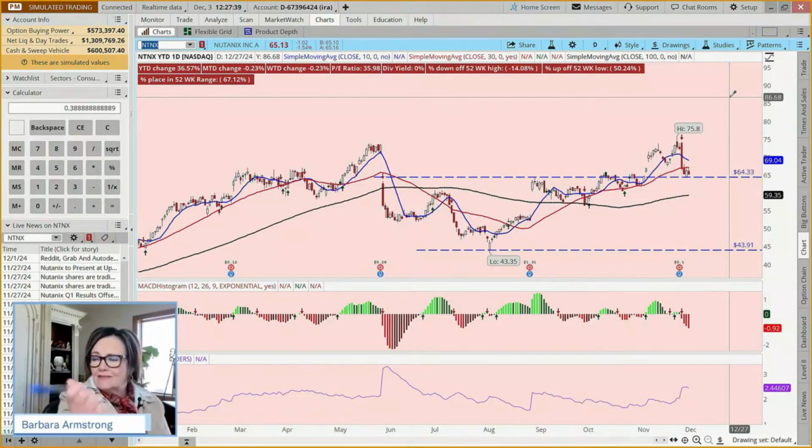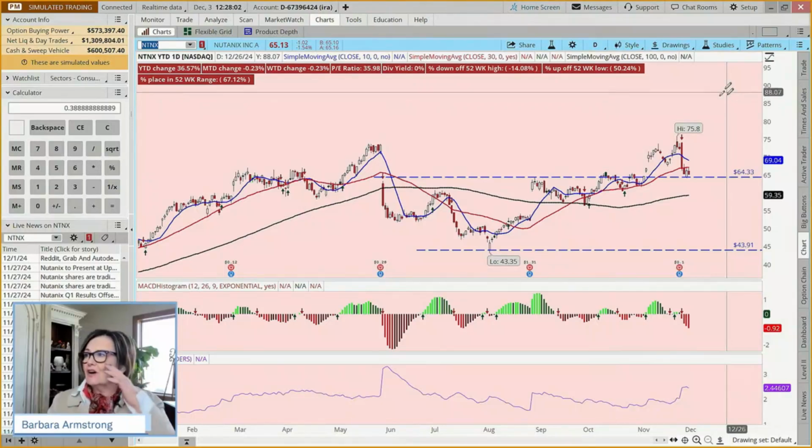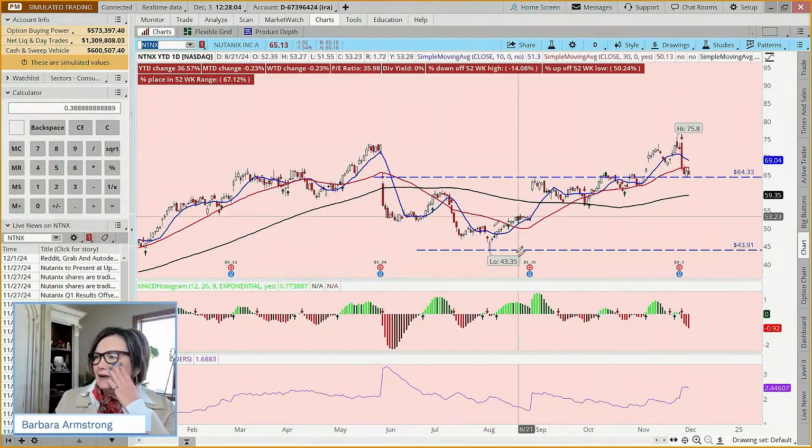And there's lots of analysts that have targets in that neighborhood. Or if it goes back below 64.33 by 3% or more, that's 62.40, then get me out. So both our target and our exit are based on this technical pattern.